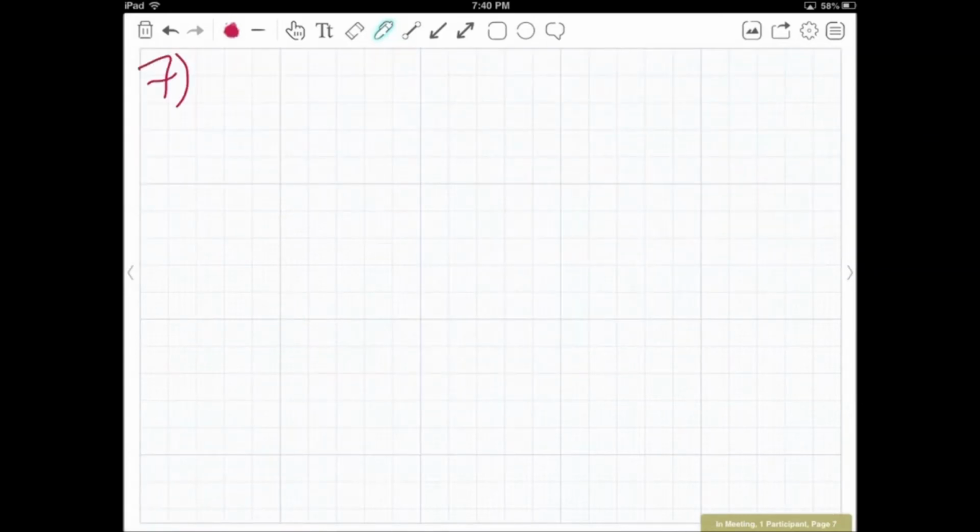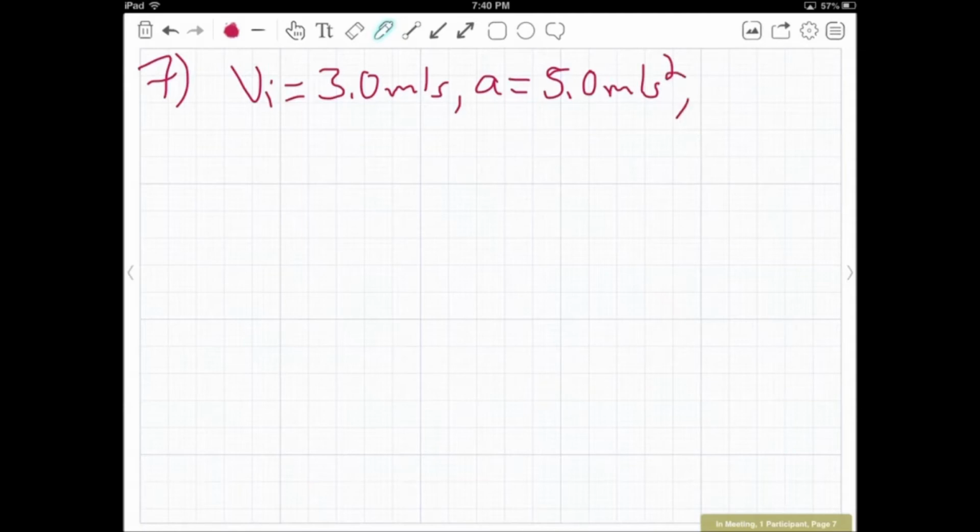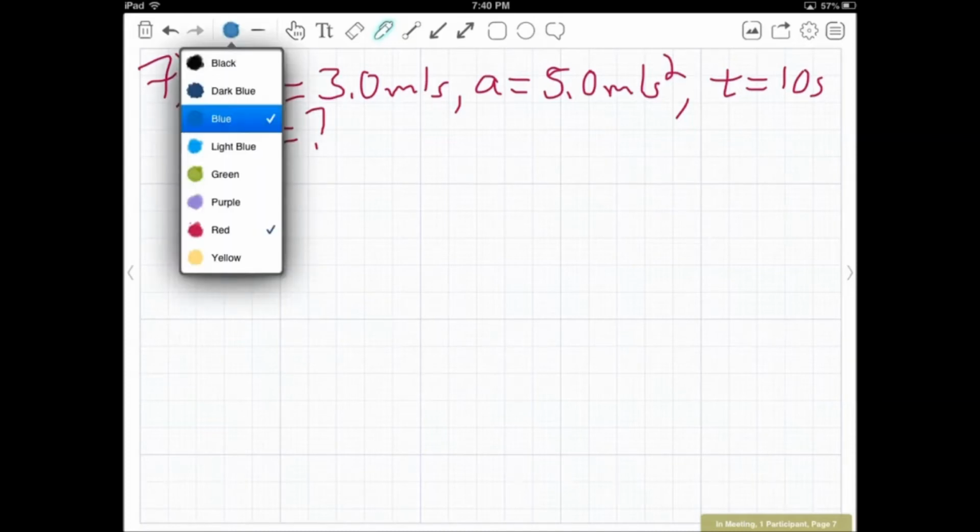Number 7. Car accelerates uniformly from 3.0 meters per second, that's VI, with an acceleration of 5.0 meters per second squared. That's my acceleration. It does this for 10 seconds. What will its final velocity be? Once again, using the same equation, you're going to see this one a lot.